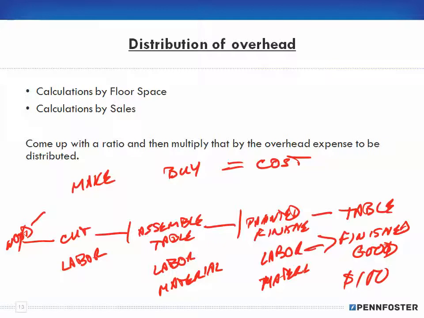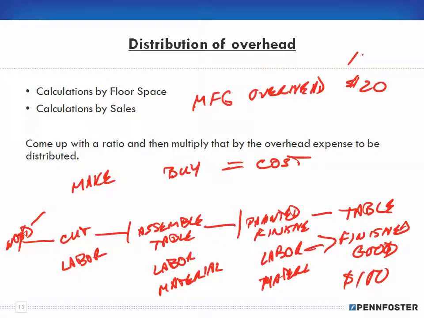No, because why? You had, like I said, electricity, you have lighting, there's other things that are involved that become a part of the cost of the table. So all of those other things are called your manufacturing overhead, okay? Manufacturing overhead. And so let's say that all totals up to $20, okay?